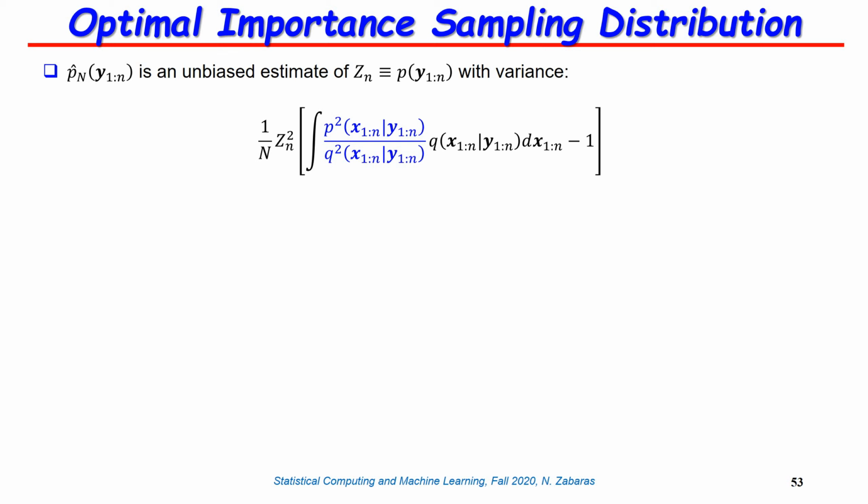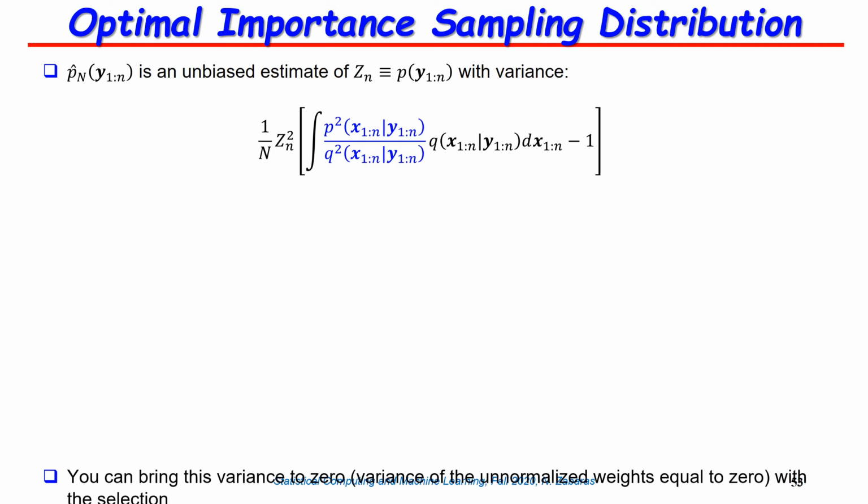And actually, with rather trivial calculation, you can see that the variance of the approximation for Z is nothing else but 1 over N Z_N squared times this bracket. And what you have inside the brackets is the variance of the weights.